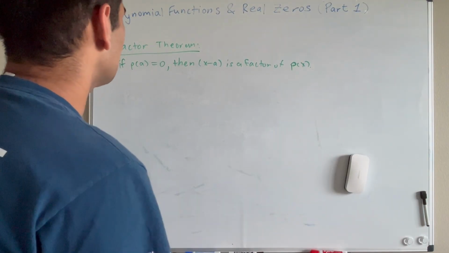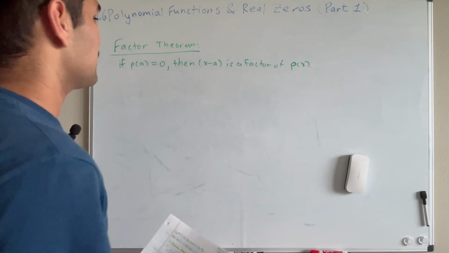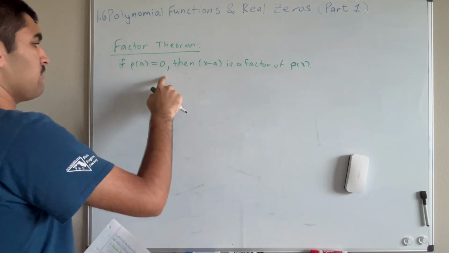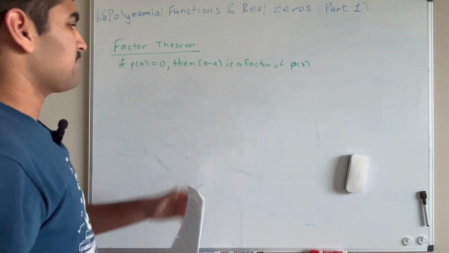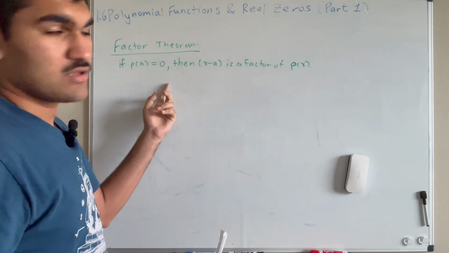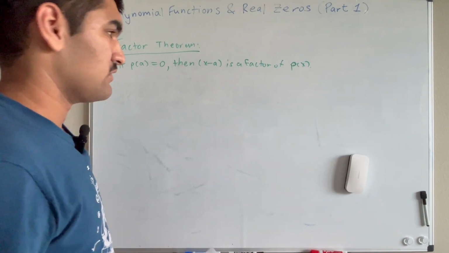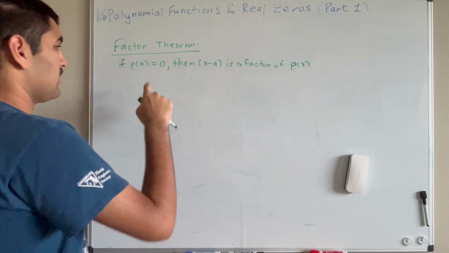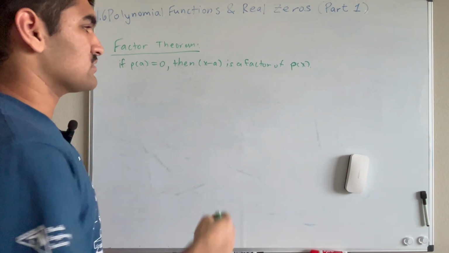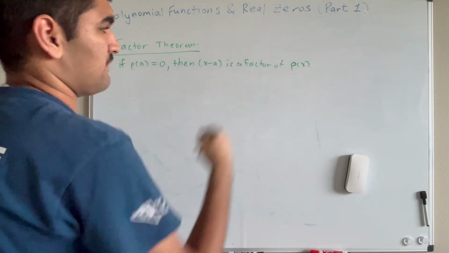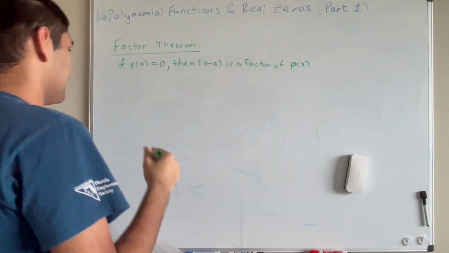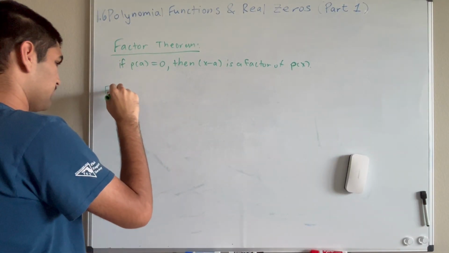Essentially, this is saying that if the remainder when dividing by x minus a is 0, then x minus a is a factor of P of x. I find that to be quite intuitive, right? Because if the remainder is 0, then obviously this is going to be a factor of that. But we'll still illustrate with an example.